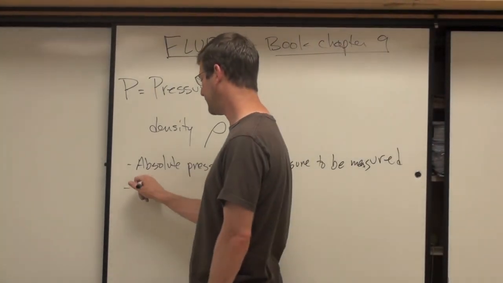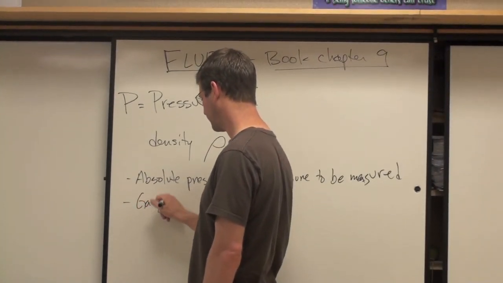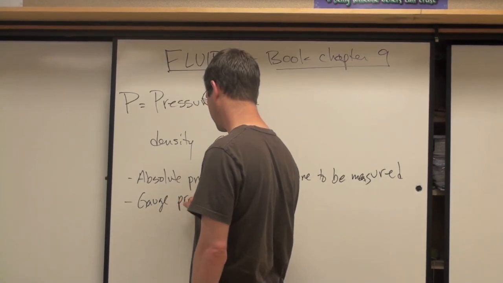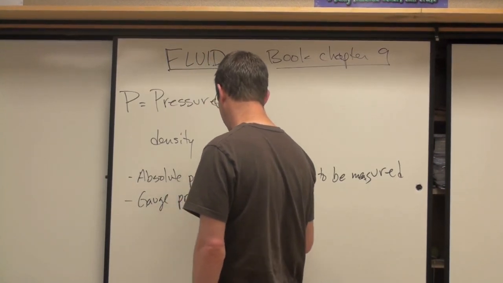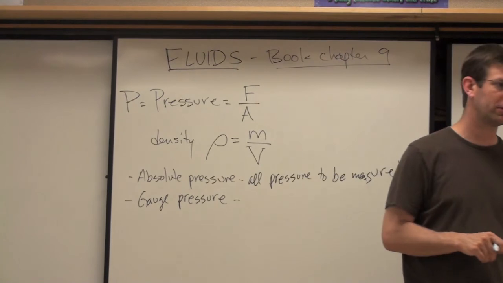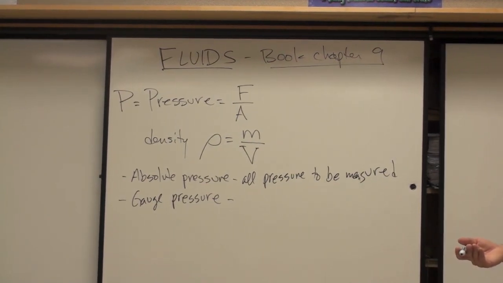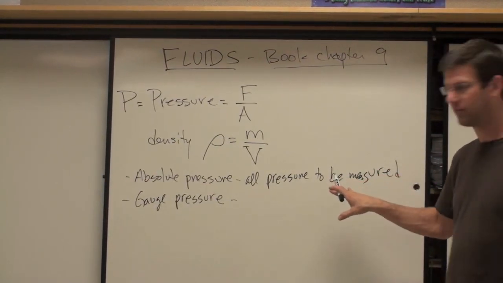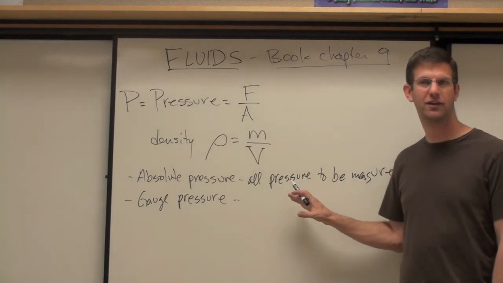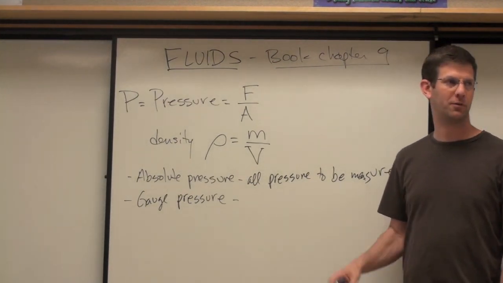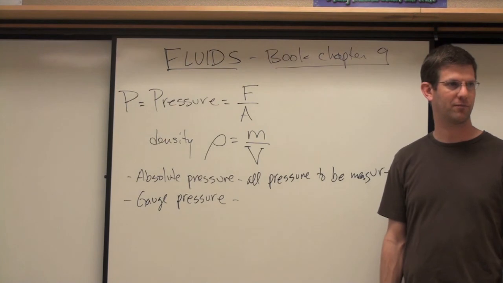So defining the two, gauge pressure. Say you've got a flat tire or your balloon went flat. What's the pressure inside your balloon? How much flat? Zero. Zero gauge pressure, right? Because everything has got atmospheric pressure in it here that we're measuring on Earth, right?